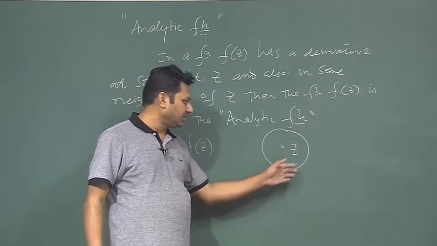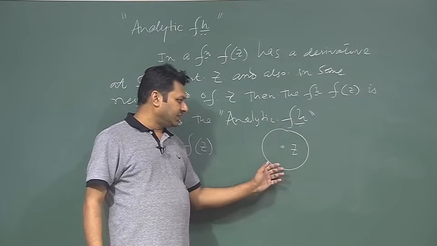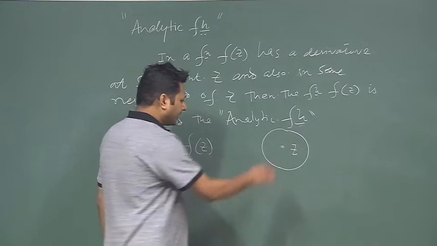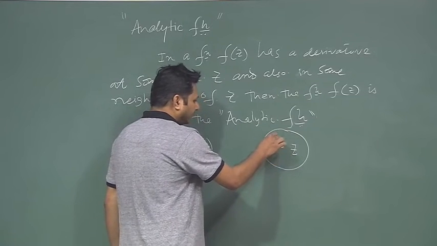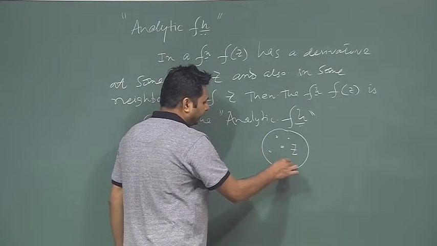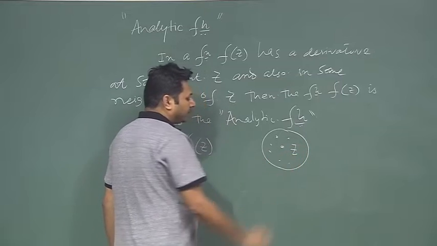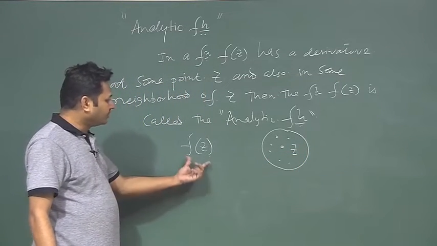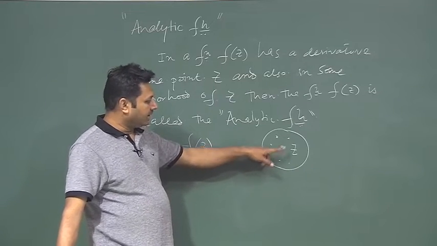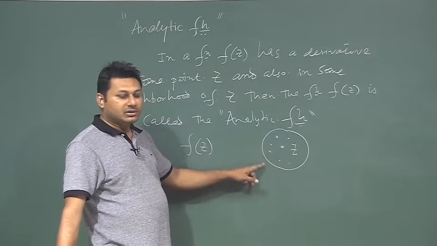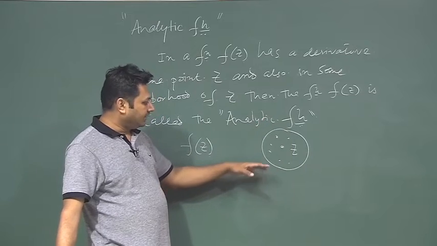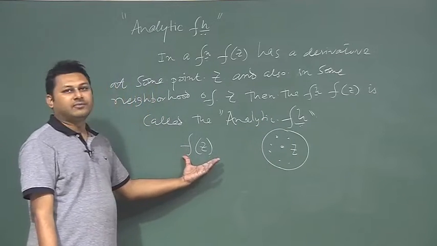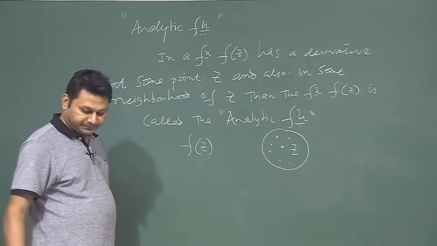So, this region is a neighborhood of z. The function also has a derivative at other points. That means, if the function has a derivative at this point, the function should have a derivative at all the points in the neighborhood. The function should not have the derivative only at that point, but in the region of this point. If that is the case, then we call this function the analytic function.